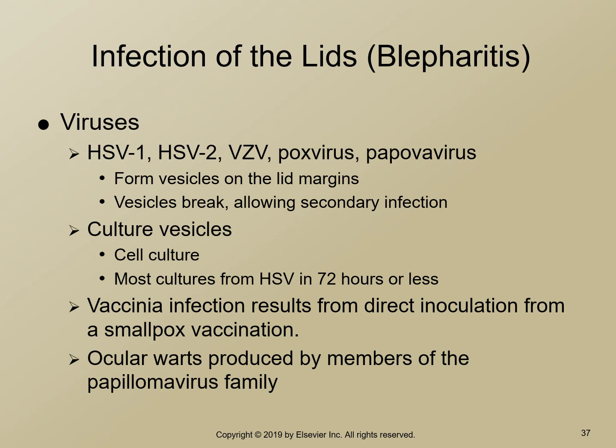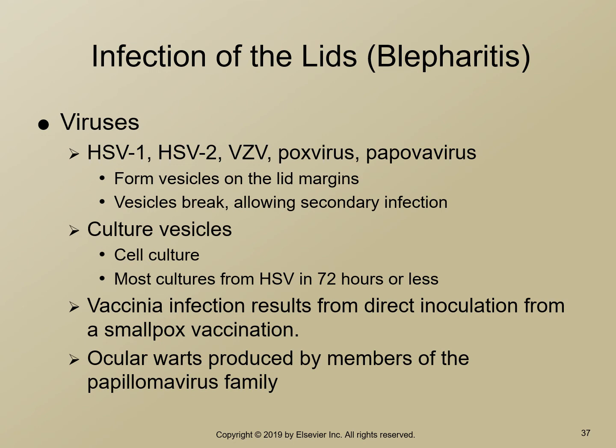Viruses can also be a cause of blepharitis or infection of the eyelids. Causative viruses include HSV 1 and 2, varicella virus, pox virus, and papillomavirus. With these viral infections, a vesicle forms on the lid margins, then the vesicle breaks, and that allows for secondary infections.